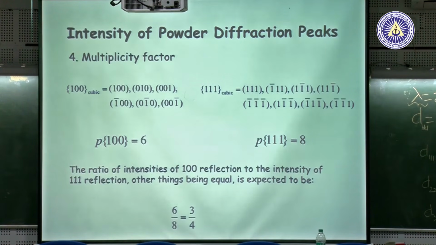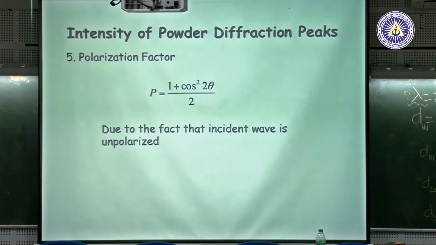But for the moment, if all other things are equal, still there will be a difference because there are 6 members in the family, there are 8 members in the family. So, 111 will be a stronger beam than the 100 beam, and the strength will be 6:8 or 3:4. So, 100 intensity will be only 3/4, 75% of the 111 if other things were equal. This is what is called the multiplicity factor.